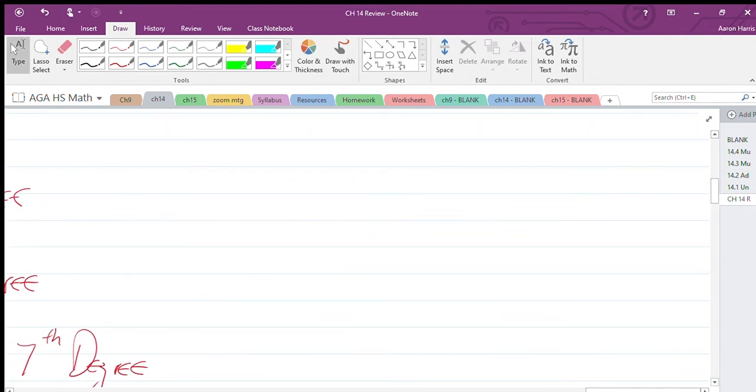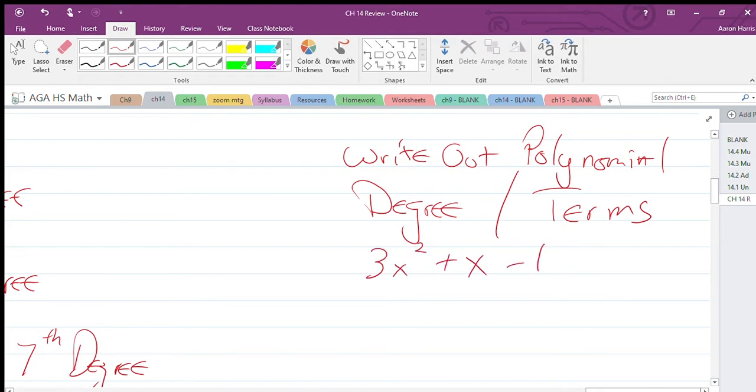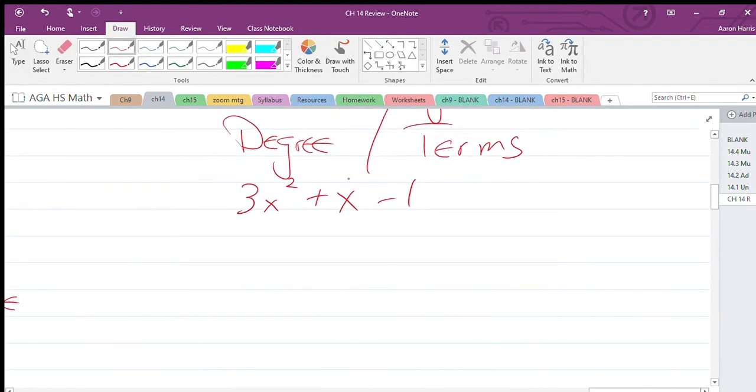And now, if I want to write out what the polynomial is, how do I do that? I do the degree first, and then I write the amount of terms. So if I have 3x squared plus x minus 1, what's the highest degree? Well, 2, okay? So I have a second degree. How many terms are there?